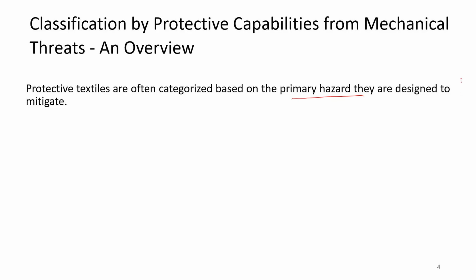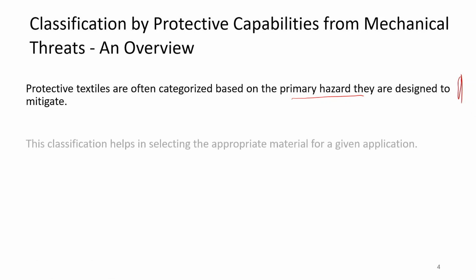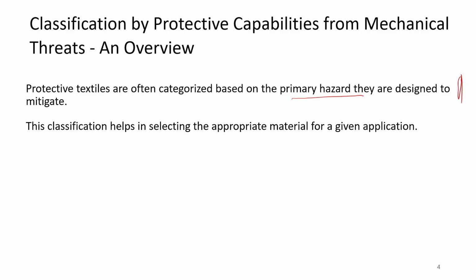There are different types of hazards and we use protective textiles for different types of primary threats. Based on that, these protective textiles are classified depending on their capabilities, and this classification helps in selecting the appropriate material for given applications.